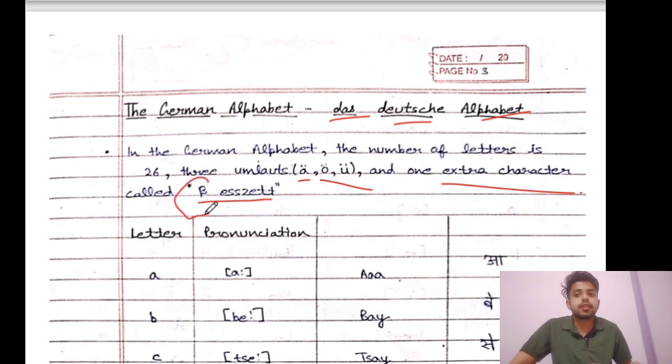This sign is pronounced as S. It's a double S combination. If we write double S or this symbol, it has the same meaning. So in German there are a total of 26 alphabets as in English, 3 umlauts, and one extra character called Eszett.